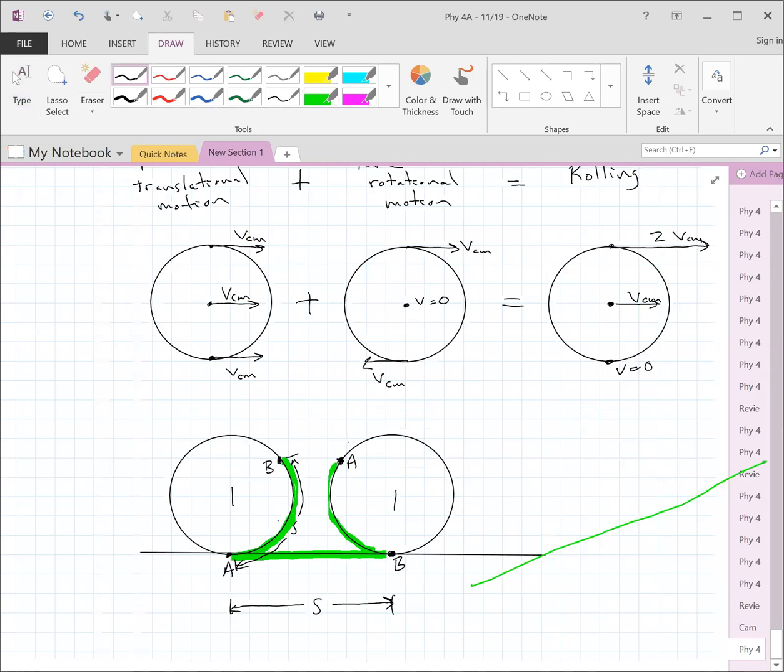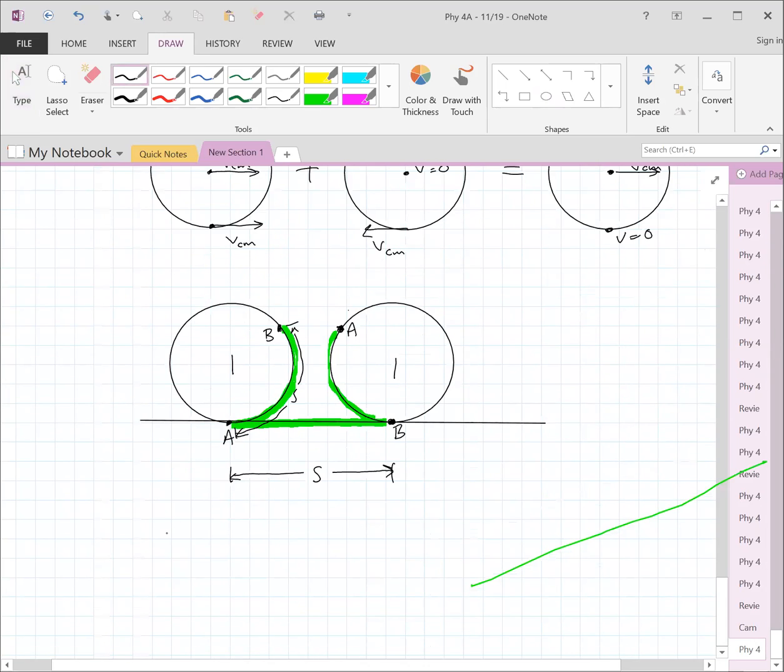Why am I doing this? I'm trying to link the velocity of the center of mass to the rotational velocity omega of the wheel. There's a connection between those two. So at the rim, the linear velocity on the rim of that wheel is equal to r times omega, right?